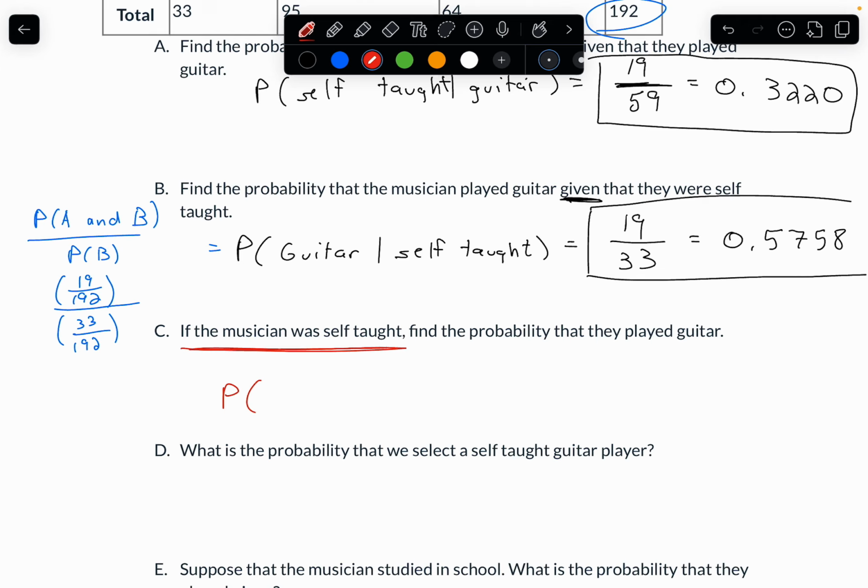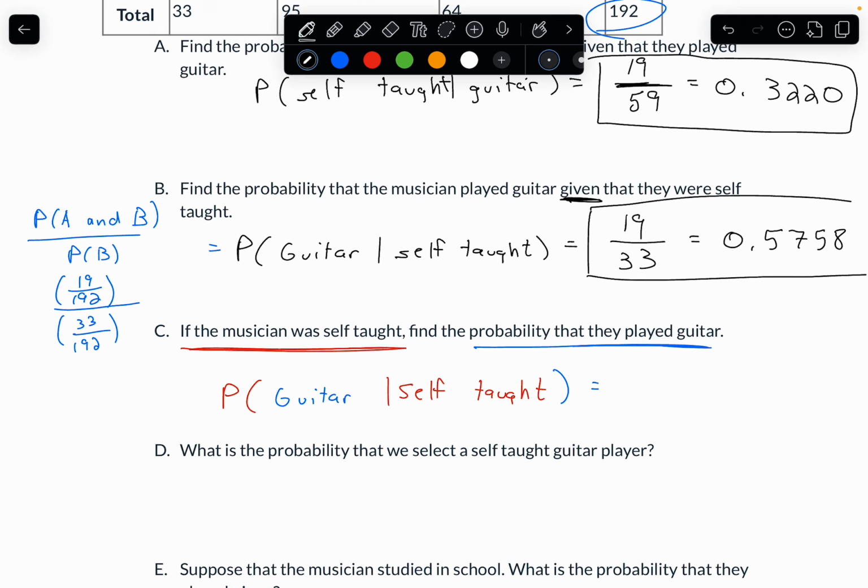So the probability of, given that they're self-taught, and then the other part is, well, what's the probability that I'm looking for? In this case, the probability that they played guitar. So the probability that they play guitar, given that they're self-taught.